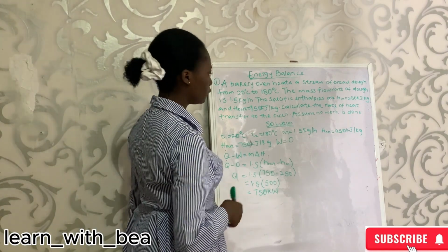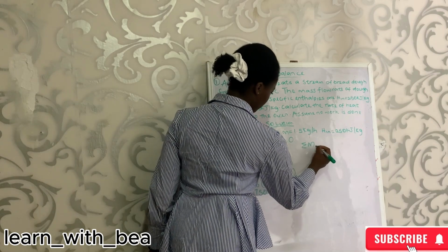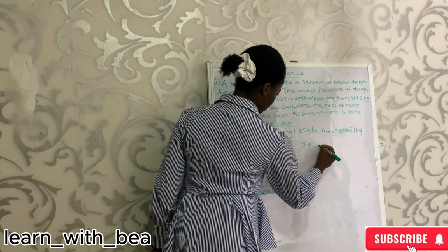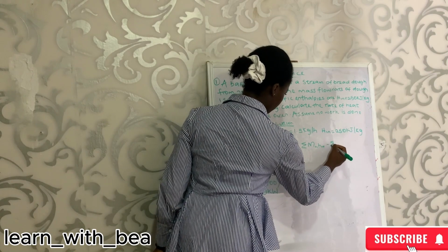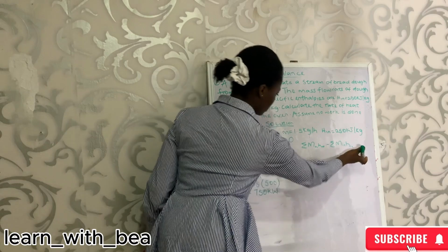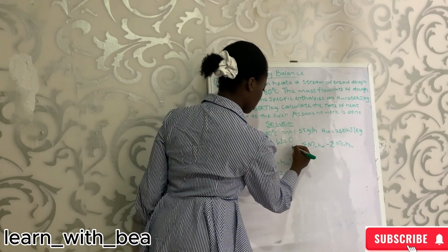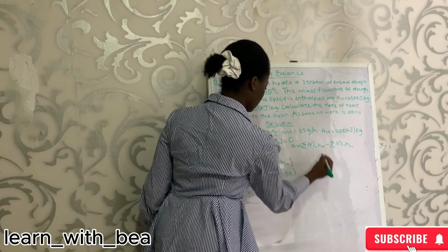But remember, there's a formula that says summation of mass out and H out minus summation of mass in H in. So this formula is actually what they deduce to this. So Q minus W equals this.